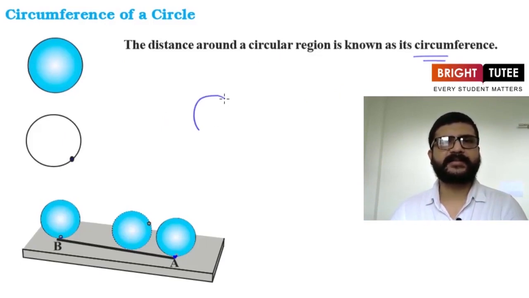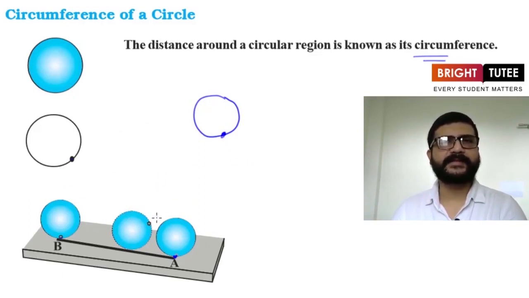Suppose a circle is given on a piece of paper. Do we have to cut it and mark any point on it, and place it on a table such that this marked point touches the table, and then rotate it till the marked point touches the table again, and then find that distance?